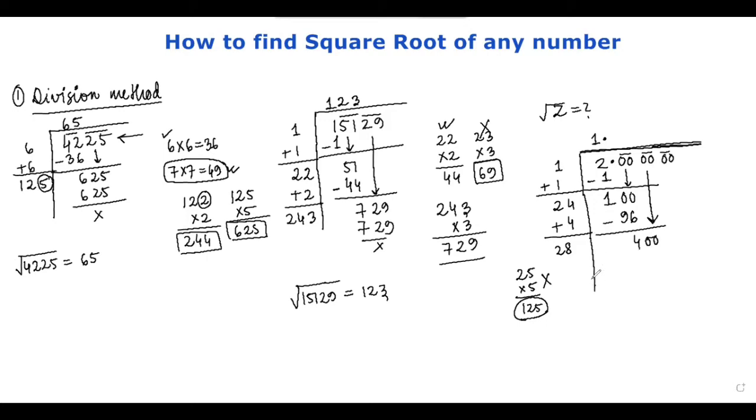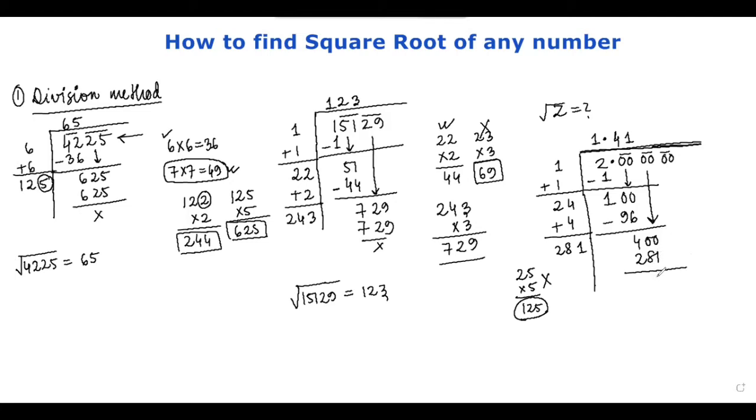Okay, here we can only multiply this with 1, because if we multiply 282 with 2, then it will become more than 400. Okay, so here we have to write 4, this 4 will come up, and here we have to write 1 also, so this will be 281.